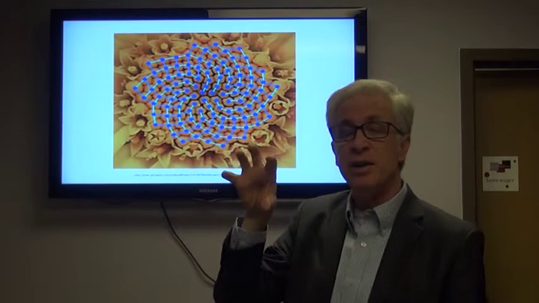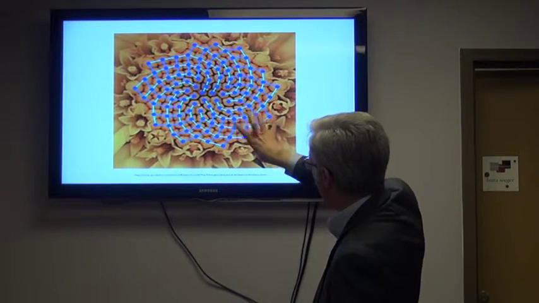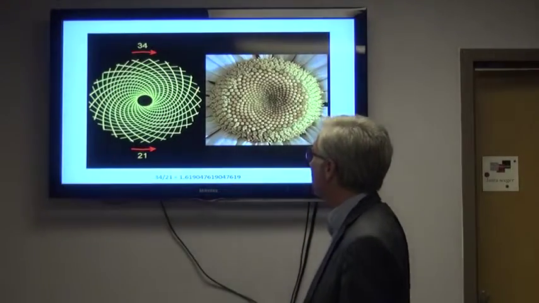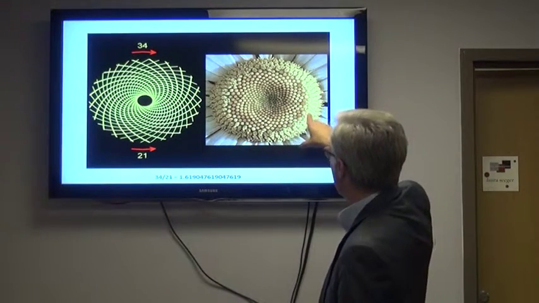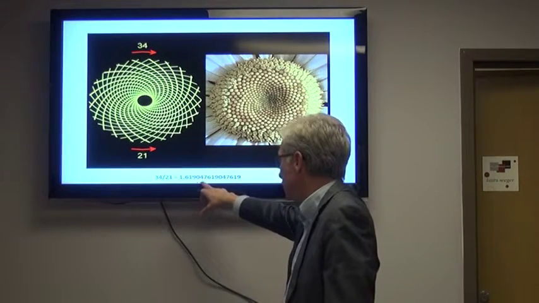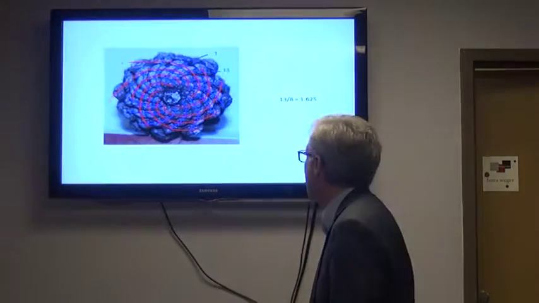We're looking inside a sunflower right now. And if you look at the way in which the interior of the flower is arranged, it has that sort of pattern. It turns out that the numbers inside the sunflower are in the ratio of 34 to 21, which is this ratio right here, 1.61 repeating. We're going to come back to that in just a moment.